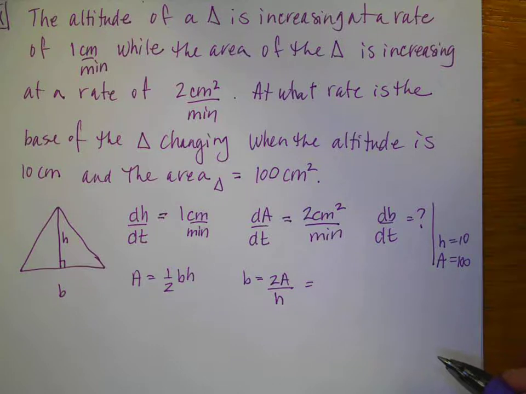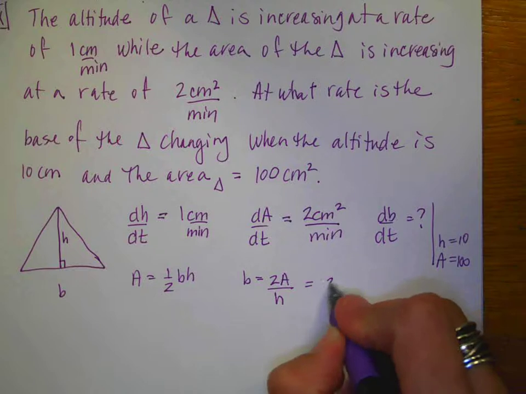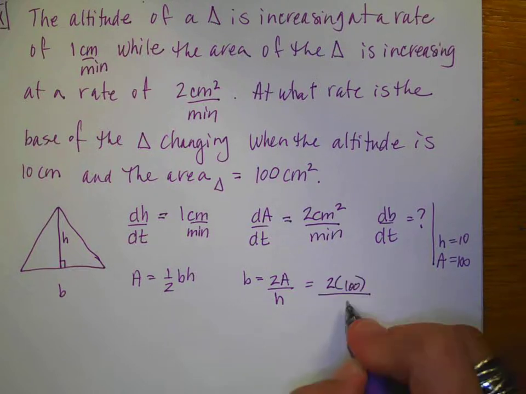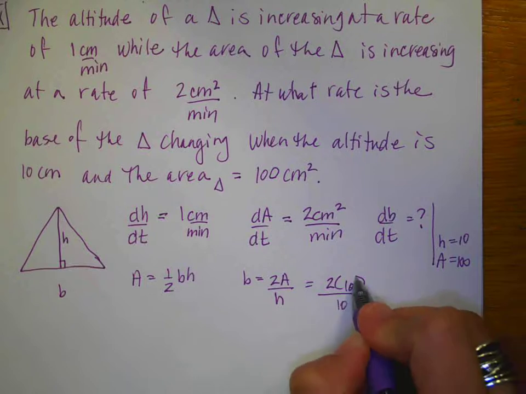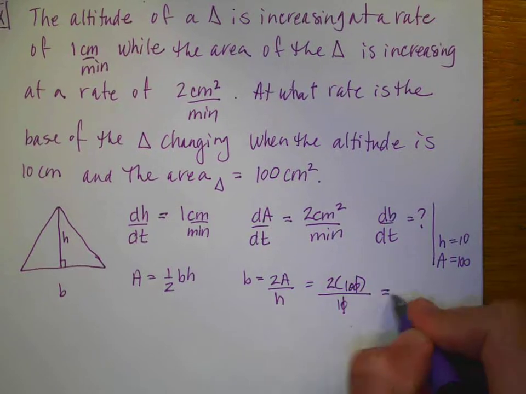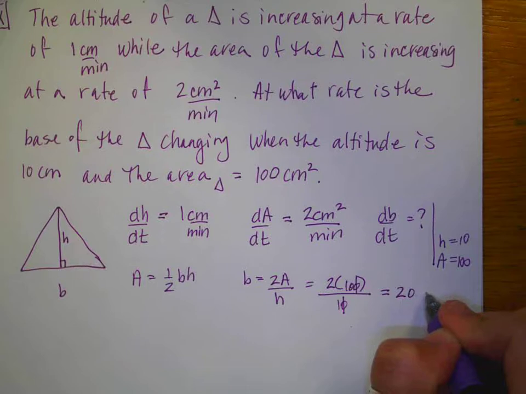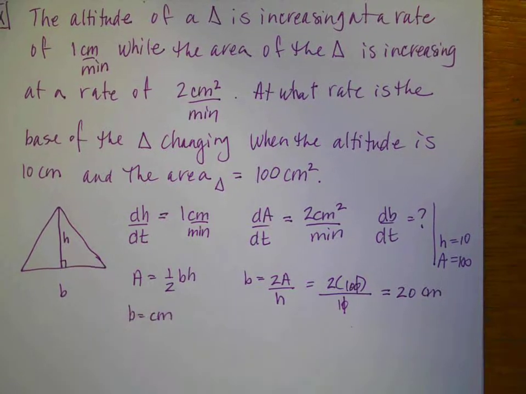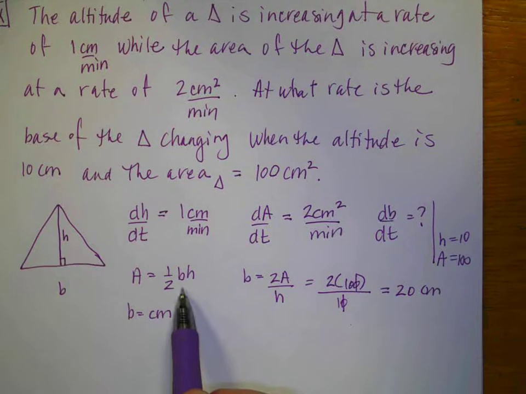Let me look at what I have, 1/2 base times height. 1/2, 10, that's 5. I think I'm good. Yeah, sorry, brain fart. So I'm going to have 2 times my area, which is 100. I did it a different way, and then my brain had a brain fart. So a 0 cancels, so I end up with a base of 20 centimeters.